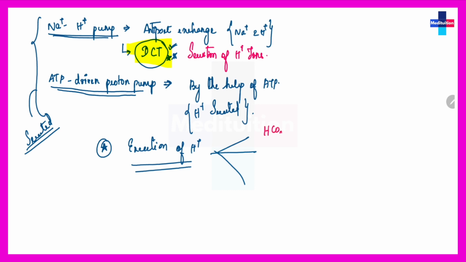It can happen either by the bicarbonate mechanism, or by the phosphate mechanism, or by the ammonia mechanism. So three other mechanisms for removal or excretion of H plus ions are to be remembered.